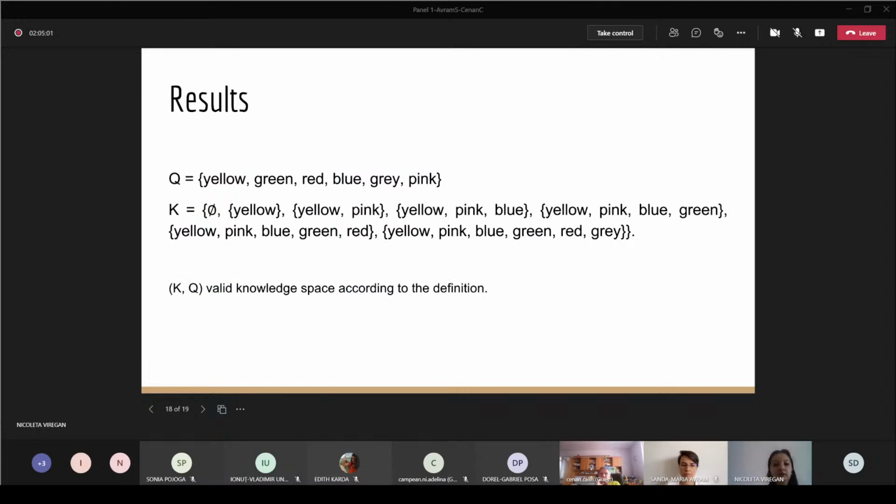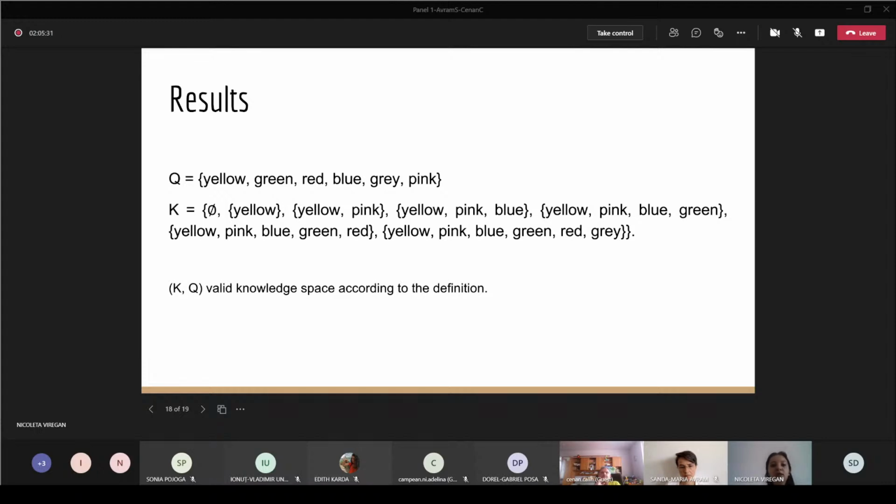After deciding where each component is placed on the scale, we can analyze the results. We have a structure with the problem set Q with the given colors, and another set of possible states obtained by the linear order from the previous slide, K. We can validate the fact that this is intersection and union closed, and so it is a knowledge space.